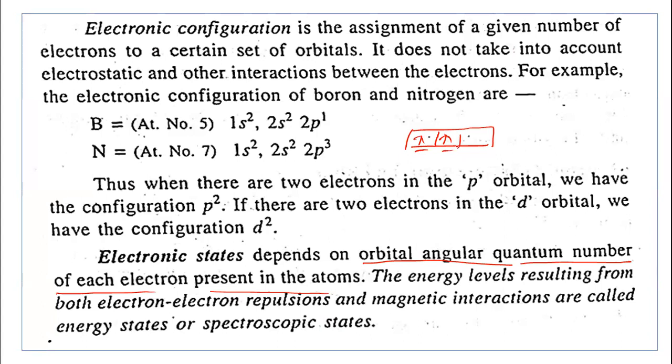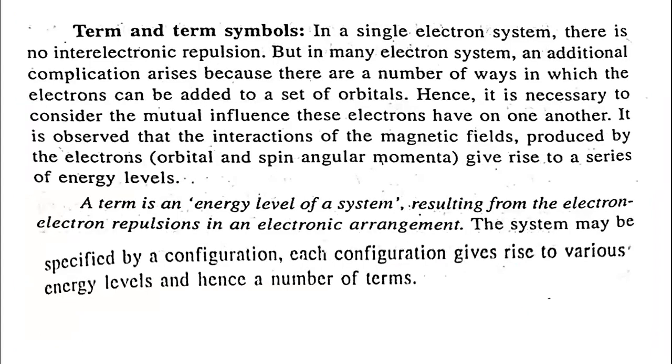So we have to derive those now. Let us derive the term and term symbols for that particular electronic configuration, because electronic transitions take place. In which term do the electronic transitions take place?